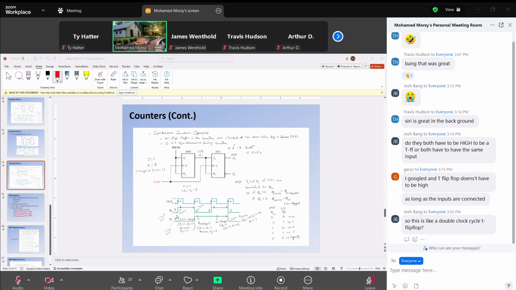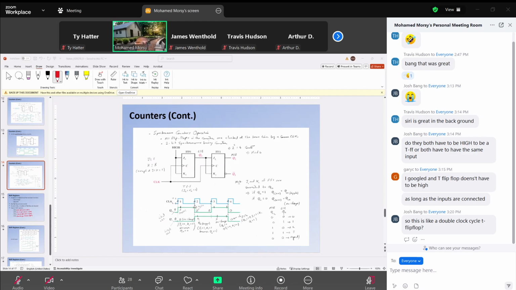At the first edge here, initially we mentioned Q0 is 0. So this means J1 is 0 and K1 is 0. So the new status is like the previous status, no change. No change, continue until we reach the next edge.